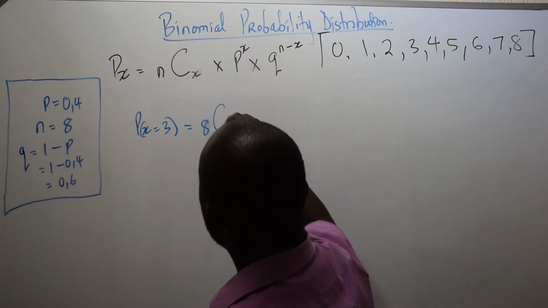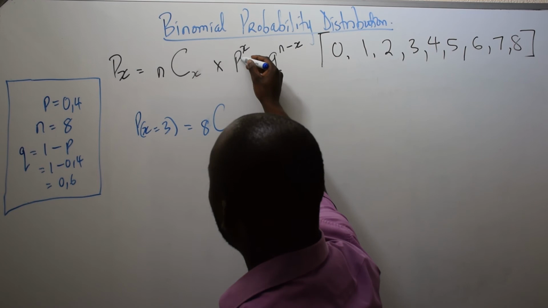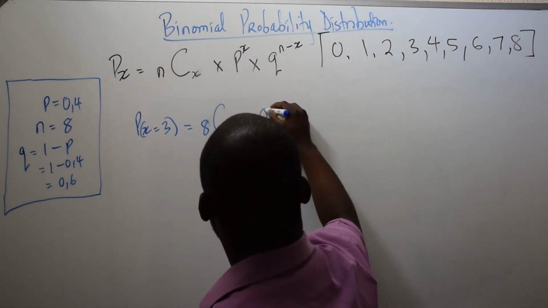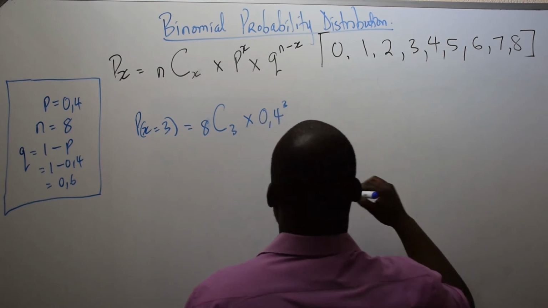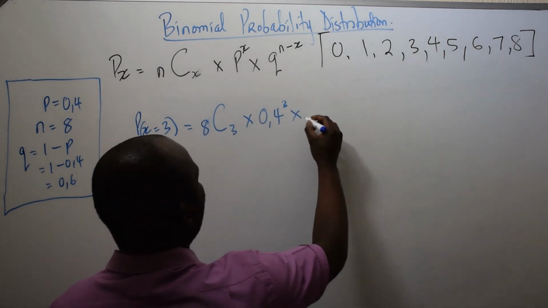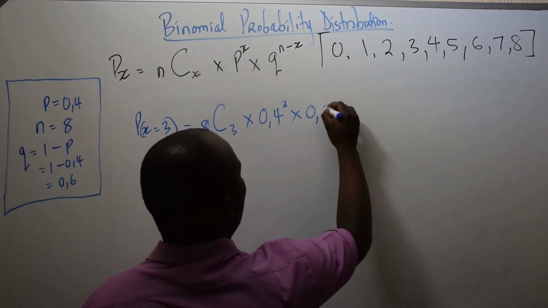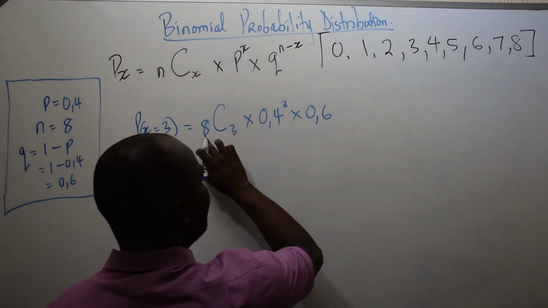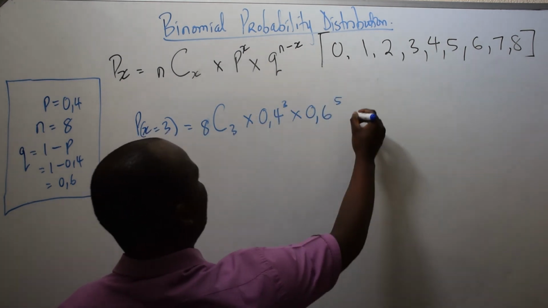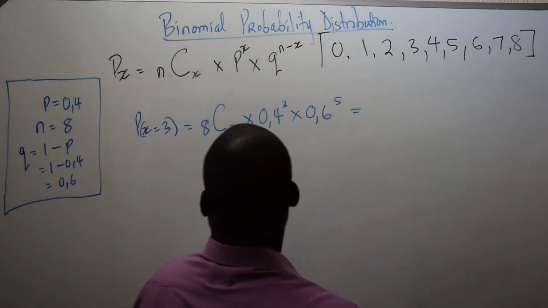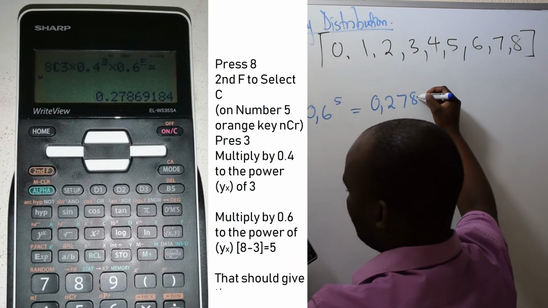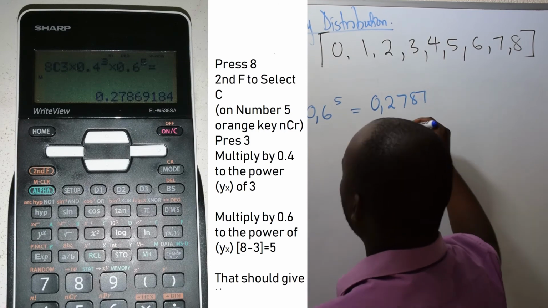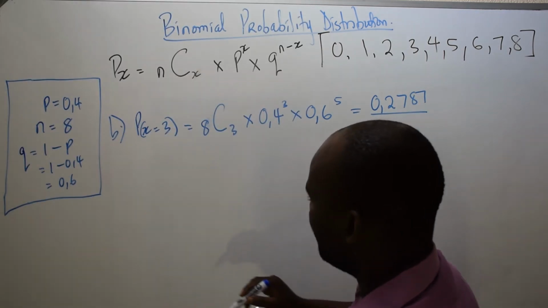So this is 8C3 multiplied by the probability of 0.4 to the power of 3 multiplied by 0.6 to the power of 8 minus 3, that's 5. So this would be equal to 0.2787. That's the answer for our B.